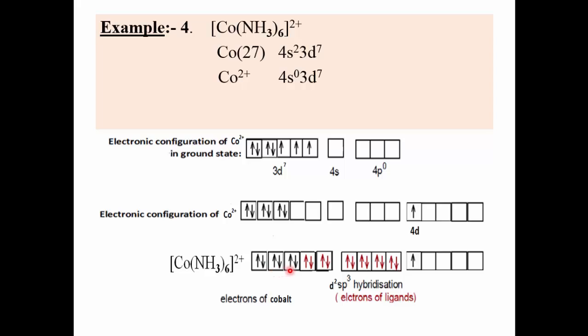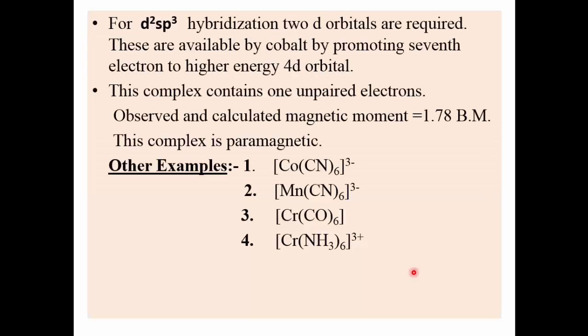There are 6 electrons present in the 3d orbital, as well as one unpaired electron in the 4d orbital. So in this way, there is one unpaired electron and the complex is paramagnetic. The magnetic moment observed and calculated is 1.78 Bohr magneton.